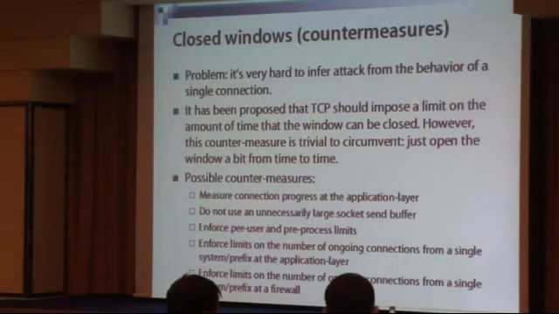When it comes to the countermeasures, the problem is, again, similar to the previous vulnerabilities. Sometimes it's hard to separate high-load scenarios or particular network scenarios from attacks.